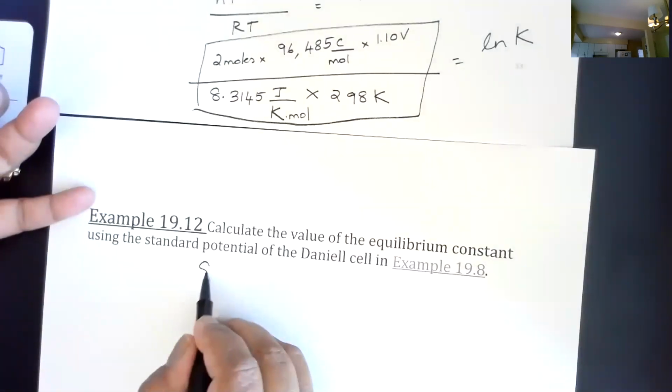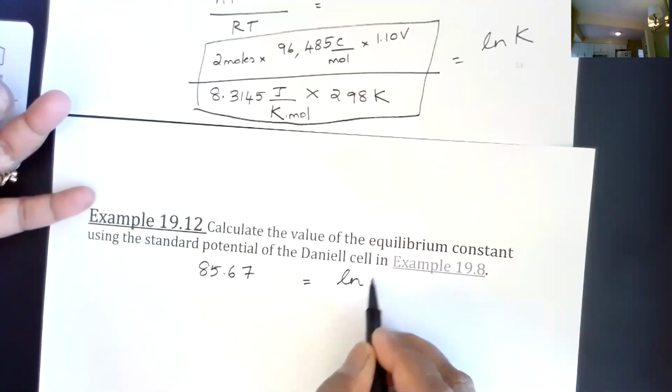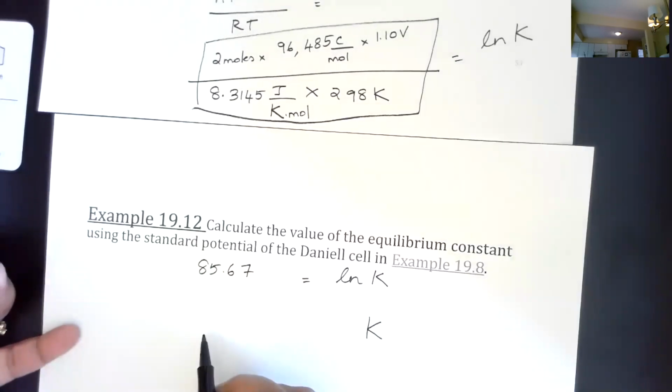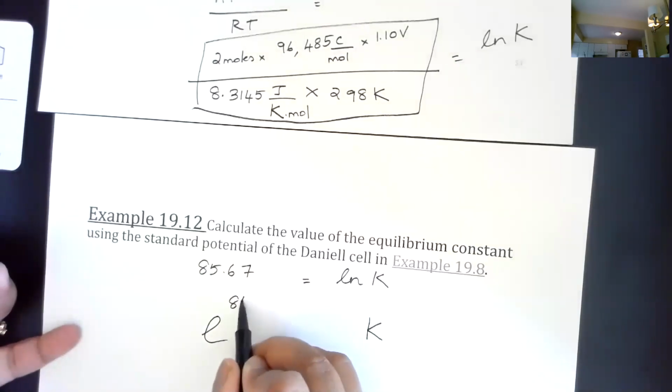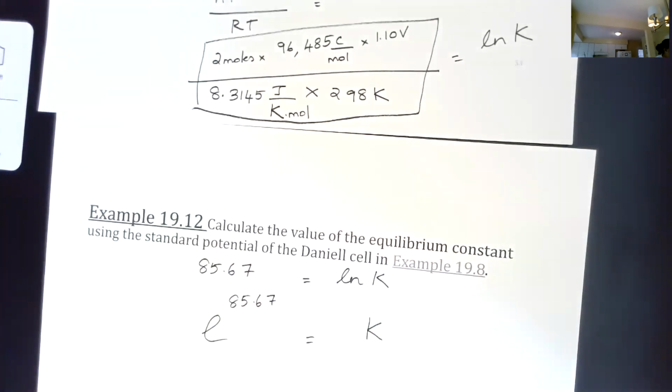85.67. Okay. Now that's ln K, right? Did you all get that? Next, can you find K? 1.6 times 10 to the 37.